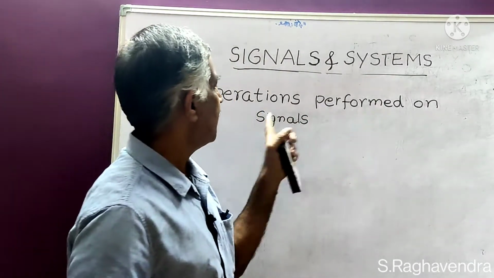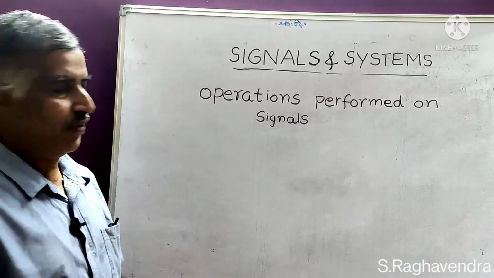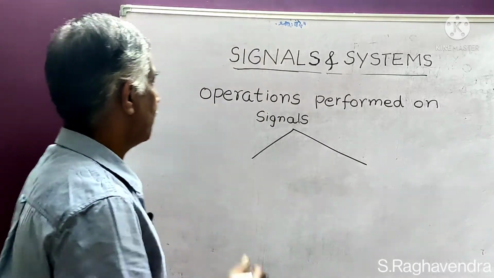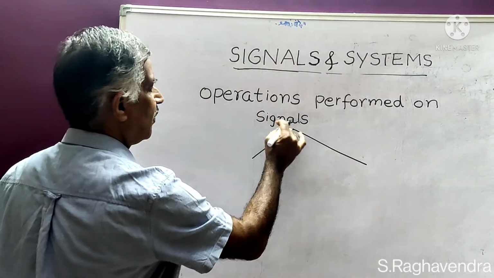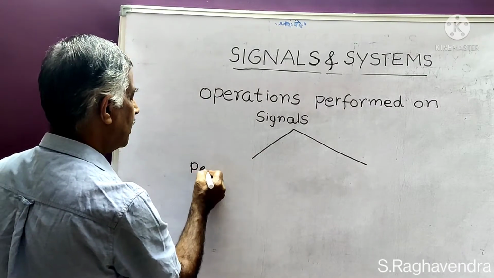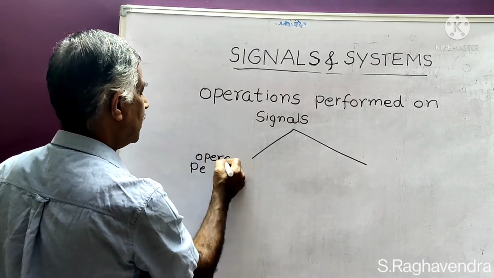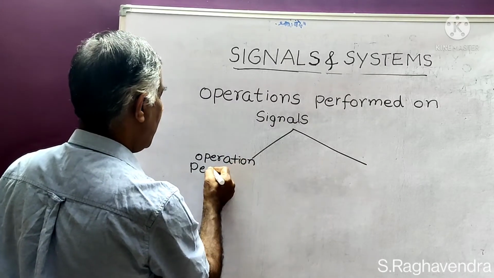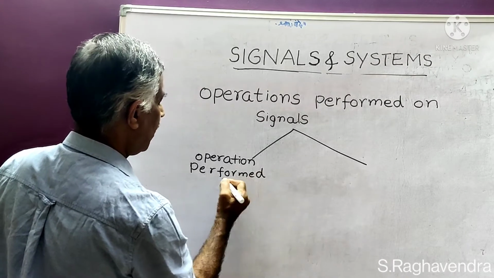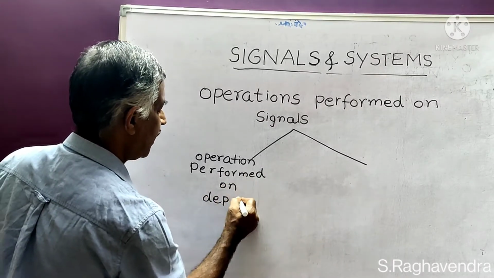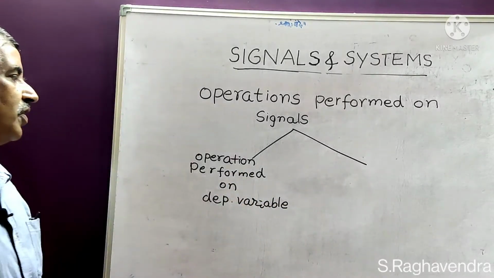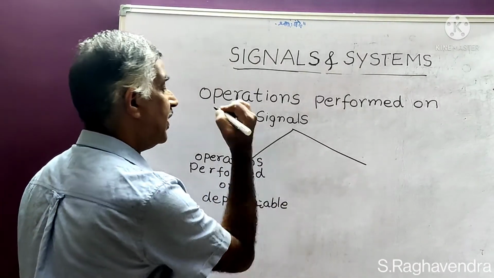Now, operations performed on signals are of two types. Under two headings you have to study. On one side, operations performed on the dependent variable. I will explain what the dependent variable is.